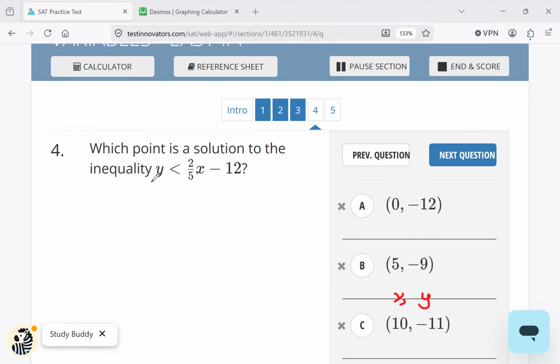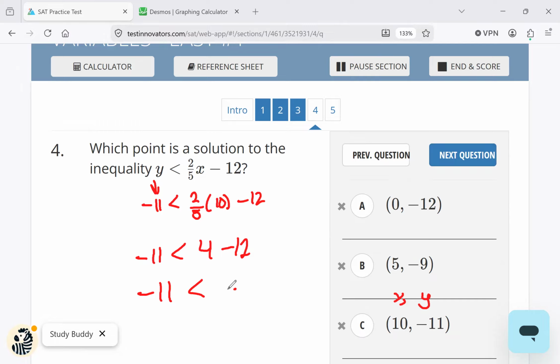And then let's try 10, y is -11, x is 10. 10 divided by 5 is 2. 2 times 2 is 4 minus -11, and then it's 4 minus 12, -8.